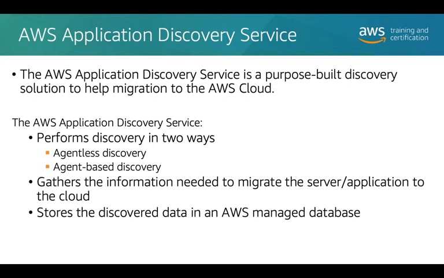It's actually using two different approaches. You can use an agentless approach, and there's also an agent-based discovery, and it stores that data in a managed database that AWS provides for you.